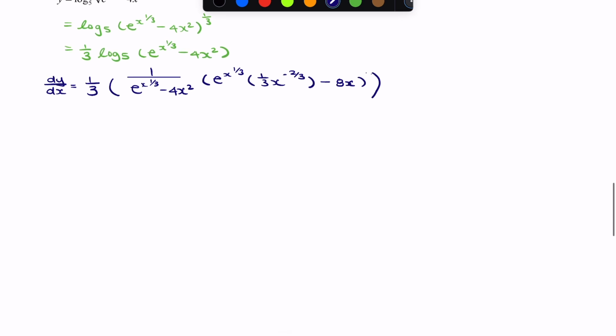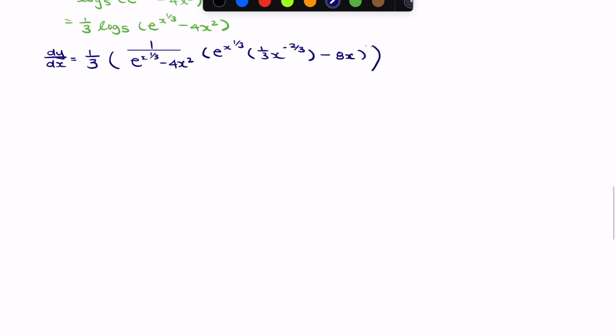So now here we can simplify this a little bit. So we have 1 over 3 e to the power of x to the power of 1 over 3 minus 4x squared. And we have e to the power of x to the power of 1 over 3 over 3x to the power of 2 over 3 minus 8x.